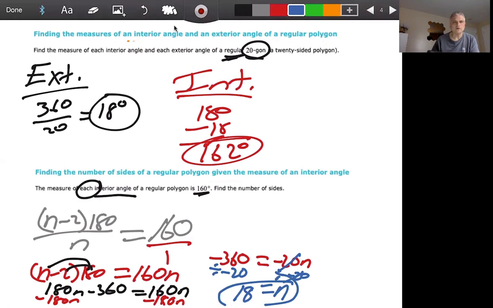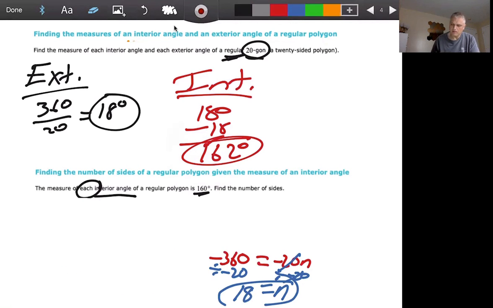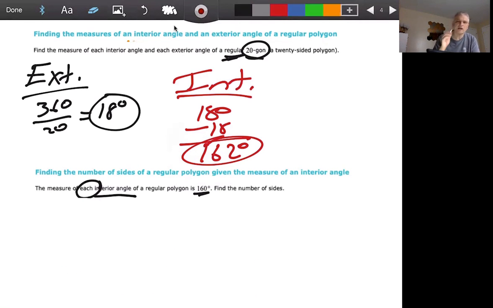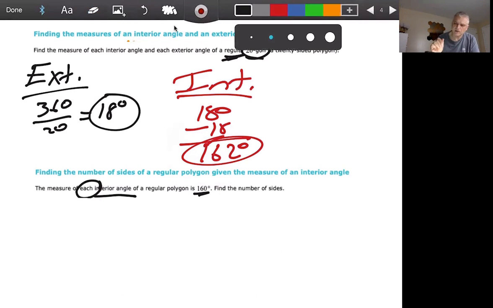Not terribly difficult, right? Push pause if you want to copy it down because I'm about to erase it. Here we go. I mentioned to you that finding interior angles is legit, but finding exterior angles is easier. Check this out.